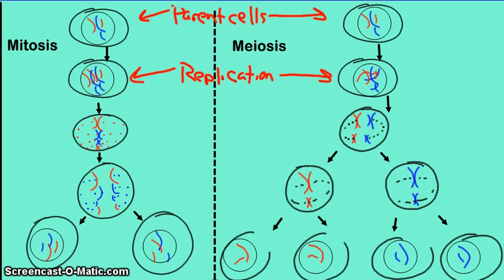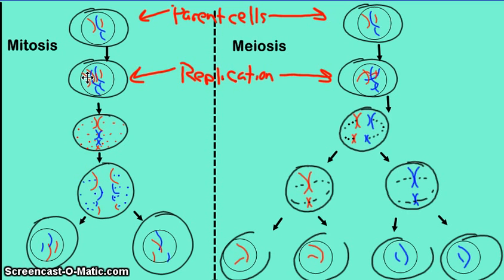If you recall in this diagram right here, after DNA replication, we have cells that have 8 chromosomes, or 4 copies of each type of the chromosomes in this case. To make cells which look identical to the original cell, where there's only 2 copies of each type, we need to divide the number of chromosomes here in half.